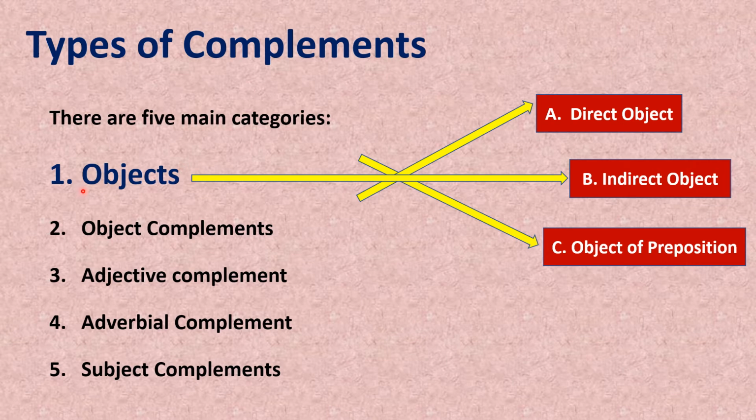We shall talk about the objects today. The second main category is known as object complements. The third type of complements are known as adjective complements. The fourth type is known as adverbial complement. The fifth type is known as subject complements.